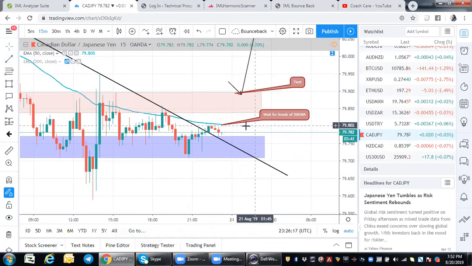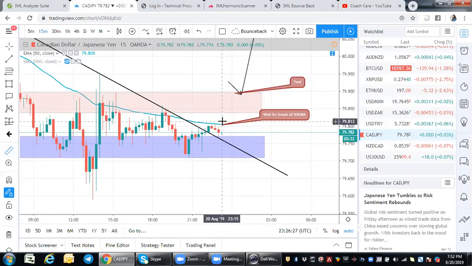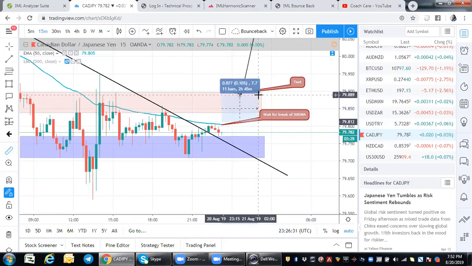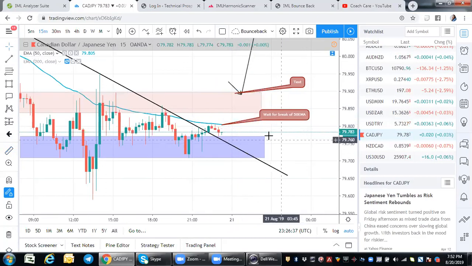So for those of you who scalp the market, you can have your take profit here at resistance. That gives you about 8 to 10 pips or so in that area, right?